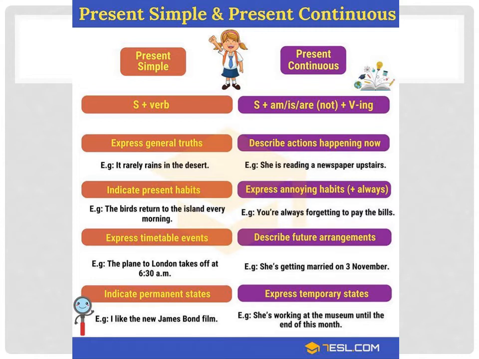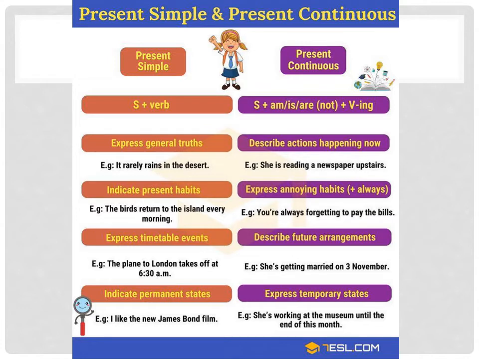Okay, you have learned this. We are just restudying it. So we use present simple to express general truth. For example, it rarely rains in the desert. Number 2 indicates present habit. The birds return to the island every morning.